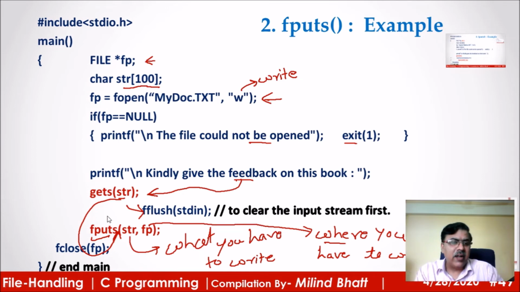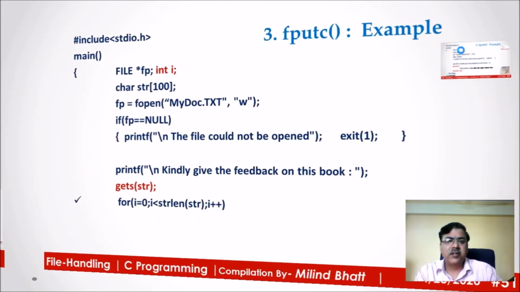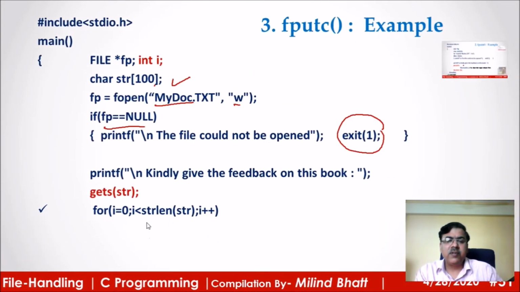What I did, I used fputs one time, no looping content is there. The whole string has been passed with a single statement. But in case of character, what do I have to do? I have to read one by one and transfer that one by one character byte to the file.